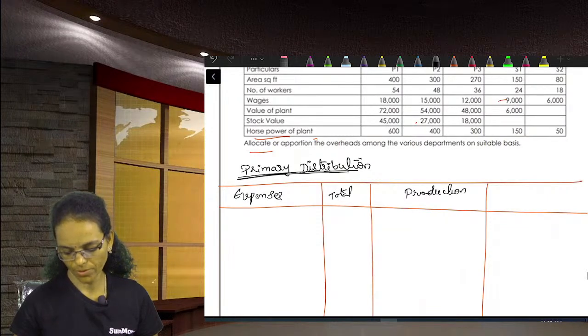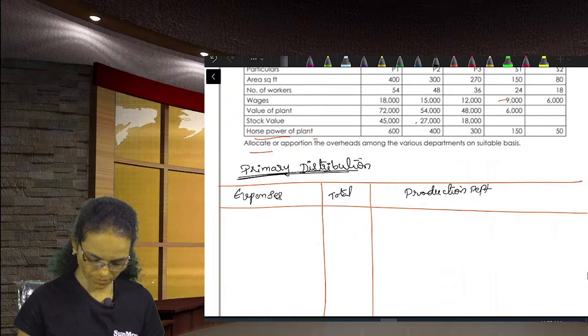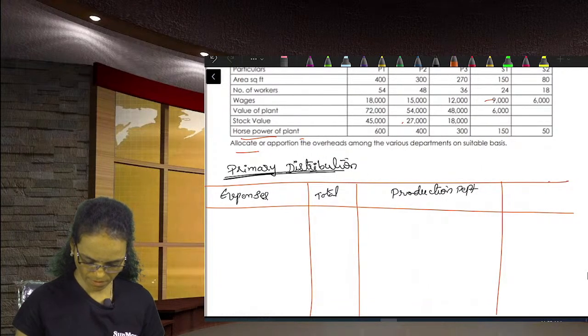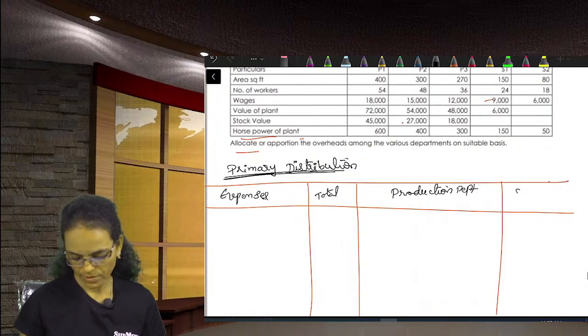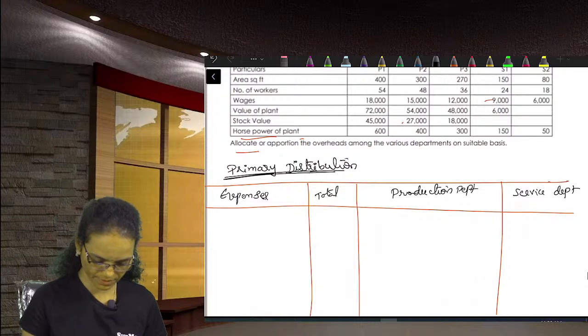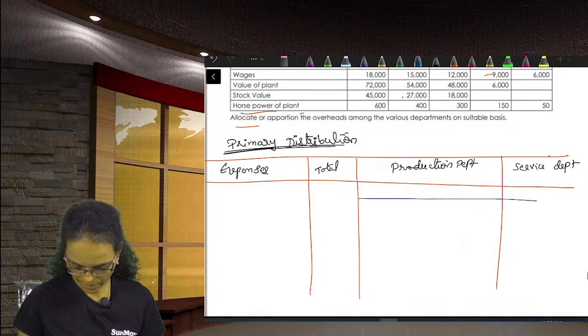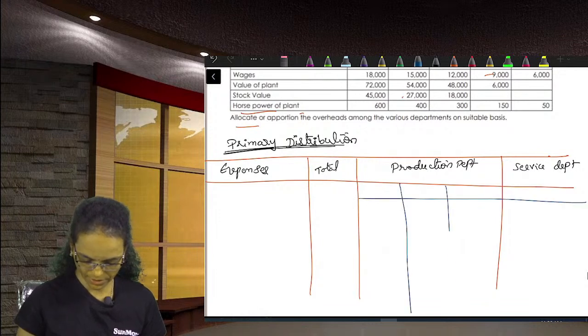See, we have production departments and service departments. I can say this is the expenditure, and this is the total amount. Here I'll write production department, and here I'll write service department.